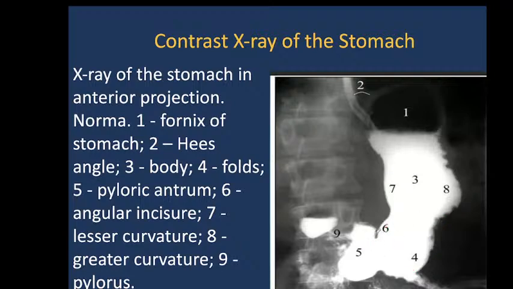You may ask me about these structures. That is just folds, which are the contraction of the stomach wall just for evacuation of the fluid from this organ. But number 9 is the sphincter, pyloric sphincter, which allows fluid to come into the duodenum.